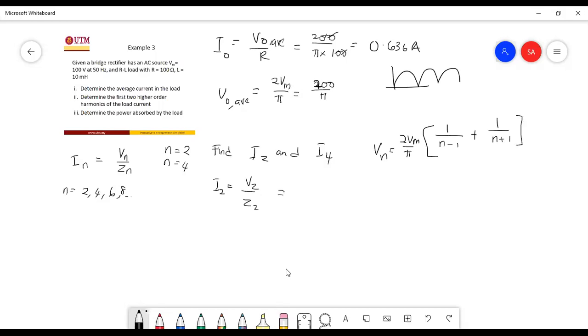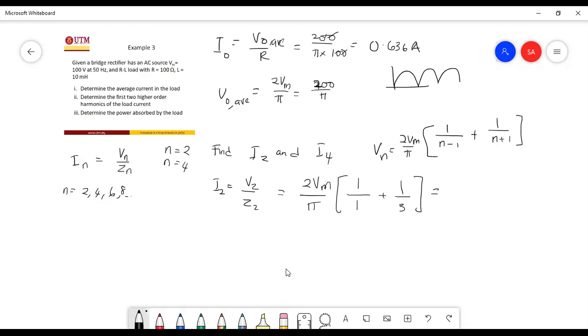So for V2, this one is 2 Vm over pi, multiplied with 1 over 1 minus 1 plus 1 over 3.